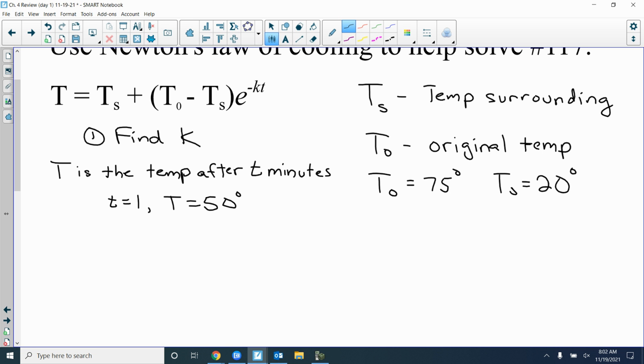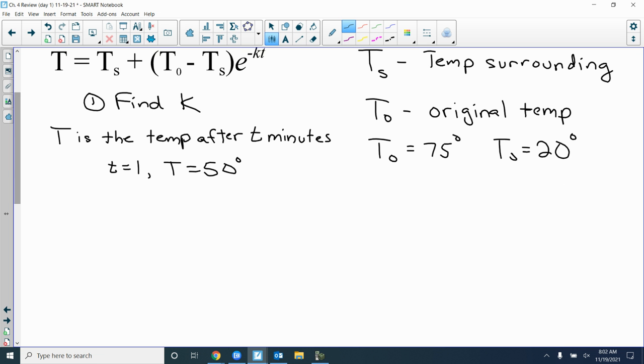All right, what we're going to do is plug everything in to where it goes, and we're going to find K. So the temperature is 50 degrees equals the temperature of the surrounding area, which is 20, plus the original temperature, which is 75, minus 20, e to the negative K times 1, because my time is 1 minute.